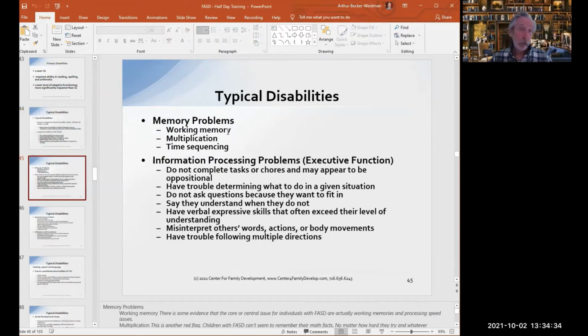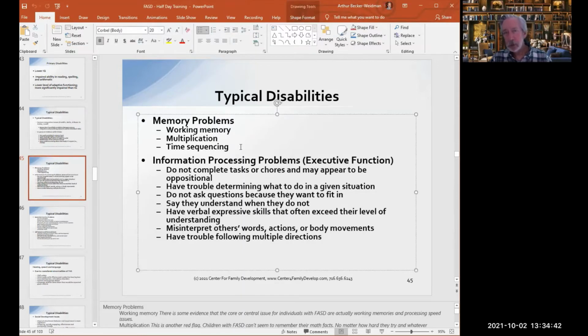We talked about problems with working memory. Multiplication is an area, and subtraction is another area where you often see this. Time sequencing, as somebody mentioned earlier, is another problem you see. It's really interesting. I don't do IQ testing, but you do an IQ test and find this kid can put things in alphabetical order reasonably well, and knows where the numbers go and can put them in order. That's another kind of sequencing.